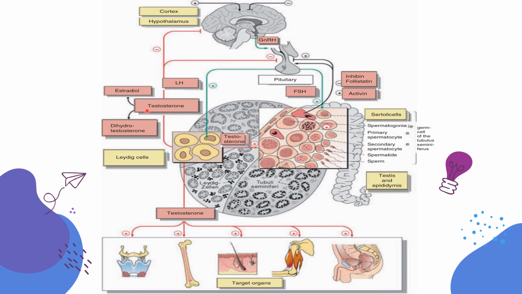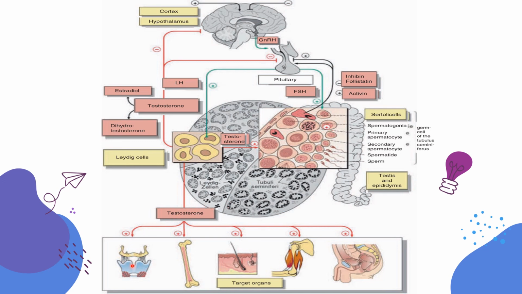Further, testosterone gets converted into estradiol and dihydrotestosterone. Here the FSH acts on the Sertoli cells and helps in the process of spermatogenesis. So it also secretes activin and inhibin, which gives the feedback.